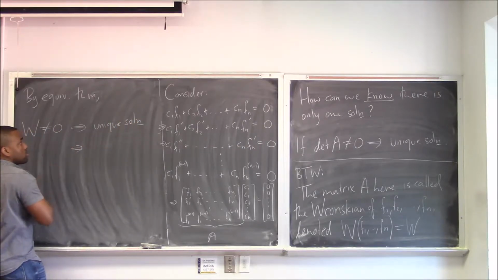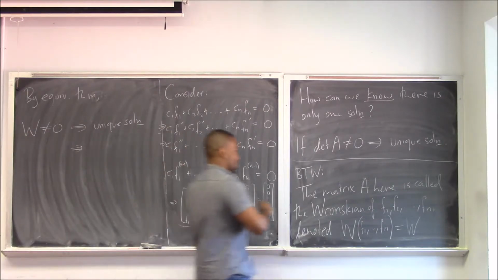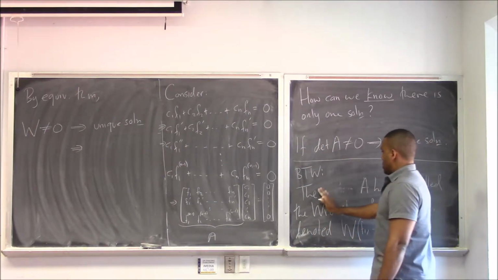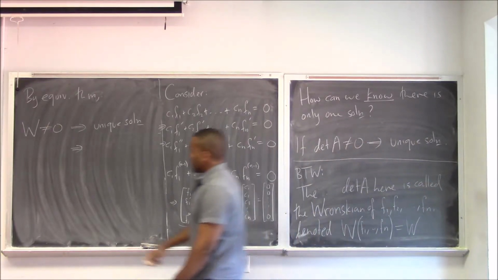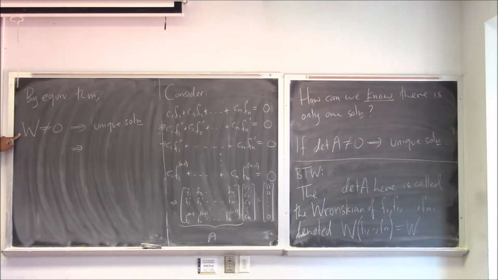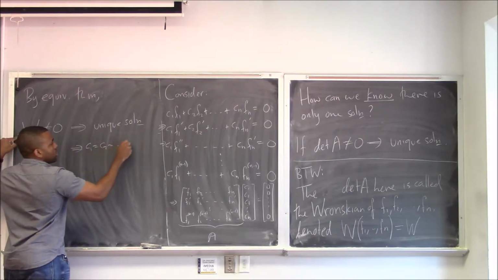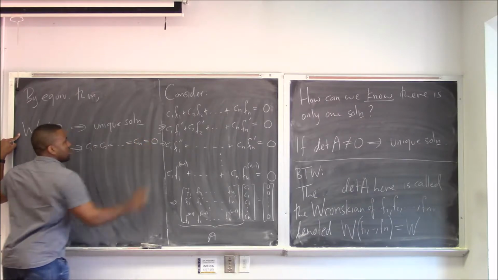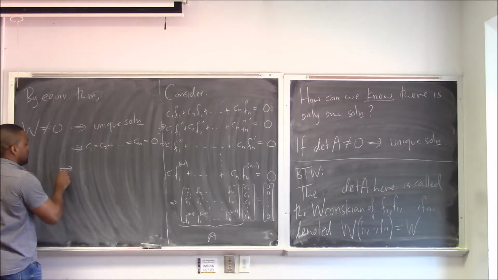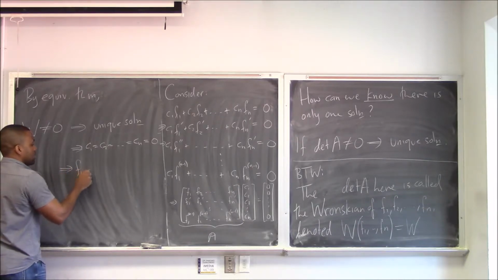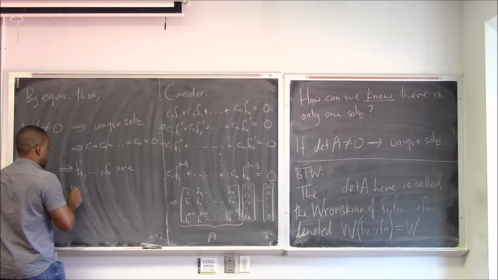The Wronskian is the determinant of the matrix, yes. The determinant of A here is called the Wronskian. We know that if the Wronskian is non-zero, we'll get a unique solution, which means it has to be the trivial solution. This means that the fn are independent.